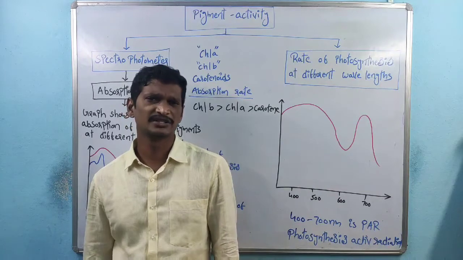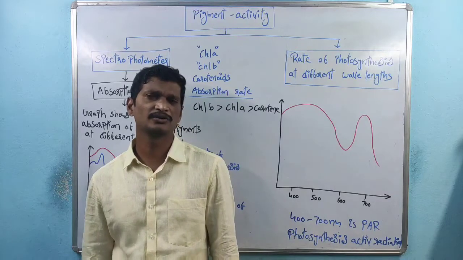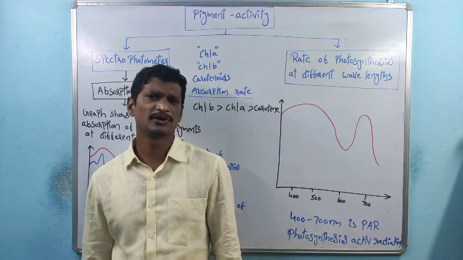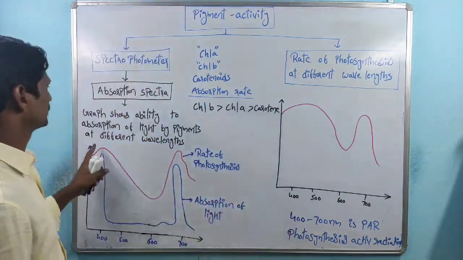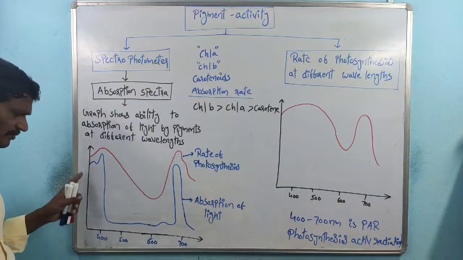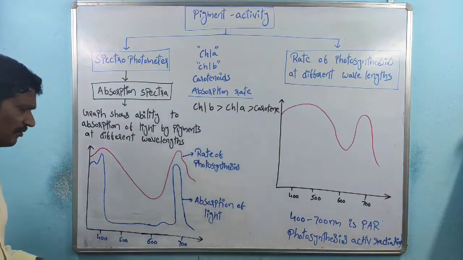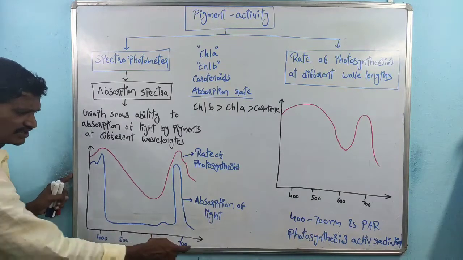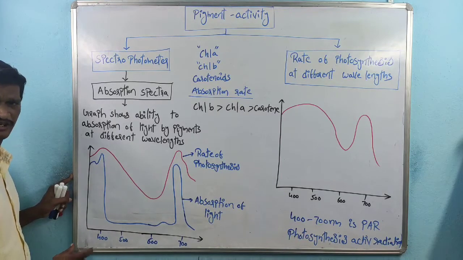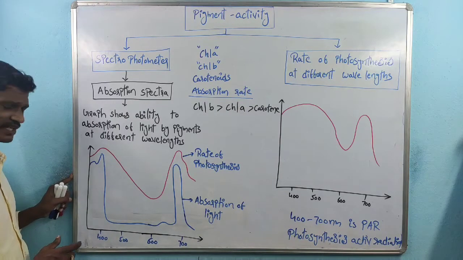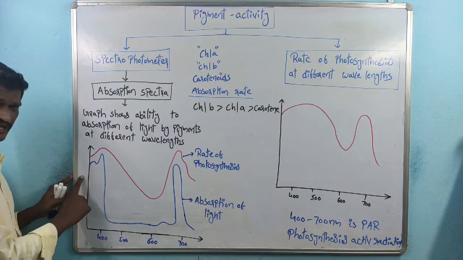There is IR radiation, UV radiation and different types of radiations, but all those radiations are not utilized for photosynthesis. Only in the PAR region does photosynthesis take place. Here there is a graph, with an x-axis and a y-axis. On the x-axis I mention the different light wavelengths, and on the y-axis, for this blue graph, the rate of absorption.